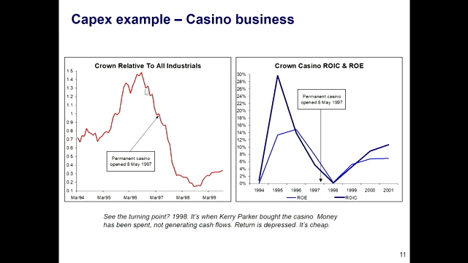And then they decided in the second half of the 1990s that they were going to build a permanent casino. That's a huge amount of capex. That point was when the permanent casino opened in May 1997.